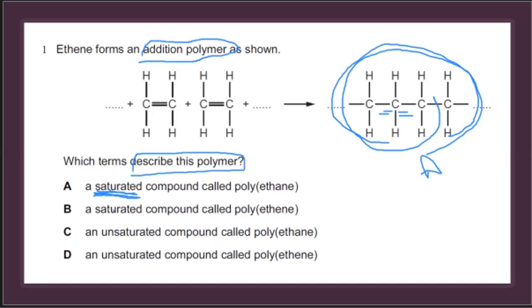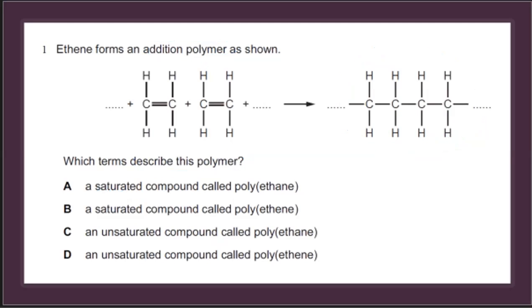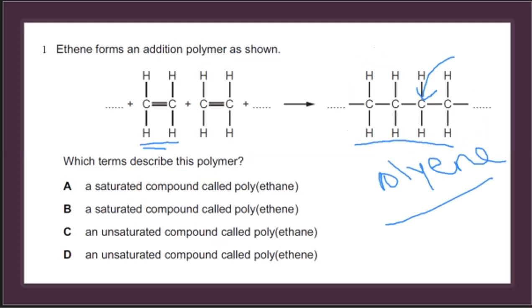Now there is an exception to the rule when naming polymers. When we name polymers, the polymer takes the name of the monomer, but it would still have single bonds. So the name of this here is supposed to be polyethene, because it was derived from the alkene.